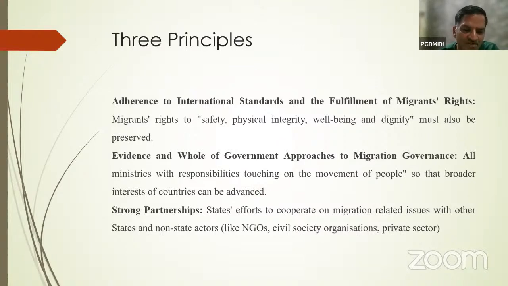Then the third one is strong partnership. During COVID time, in many places government failed actually, and it was civil society which took the lead, and many times the private sector also. So we need to see that from time to time there will be lots of challenges. So partnerships are very important. To deal with migration, like diaspora organizations, in collaboration with the host country and home countries, and then coordinate.